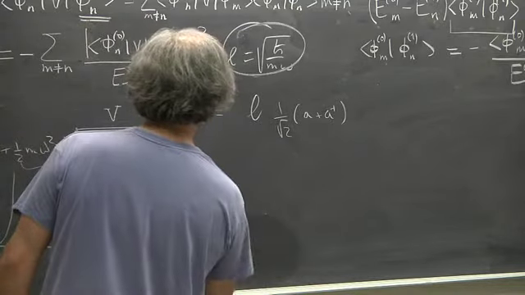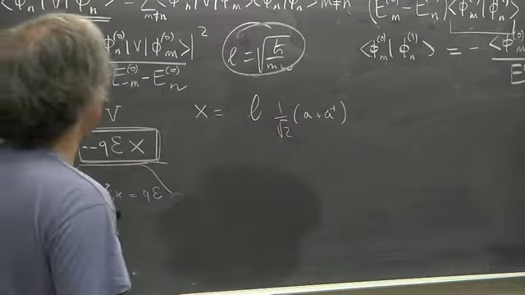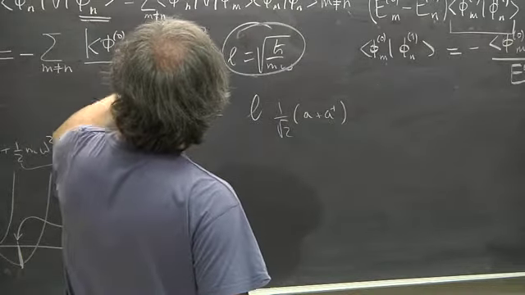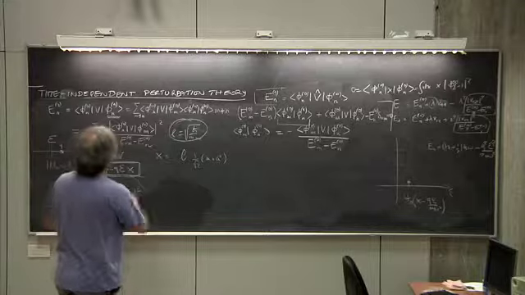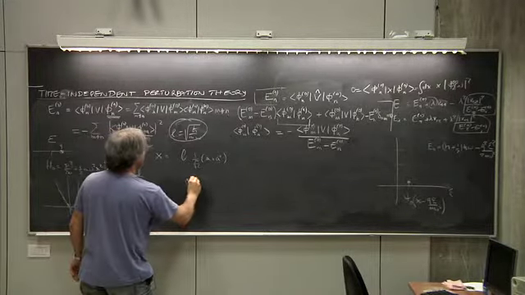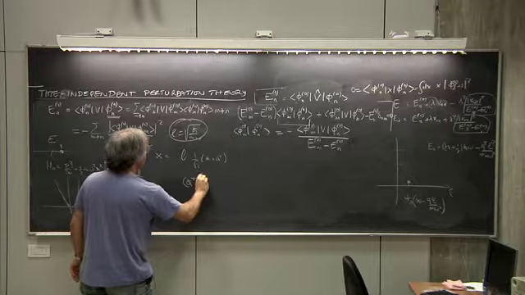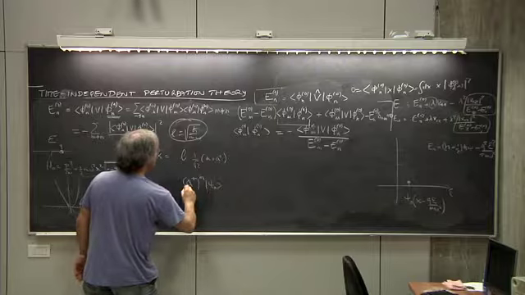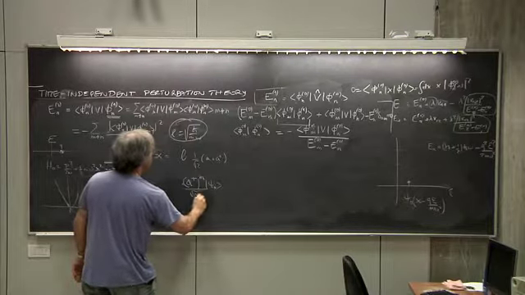Now the other elements that I have to calculate are these states, the famous states: a dagger to the power m applied to the ground state divided by square root of m factorial.